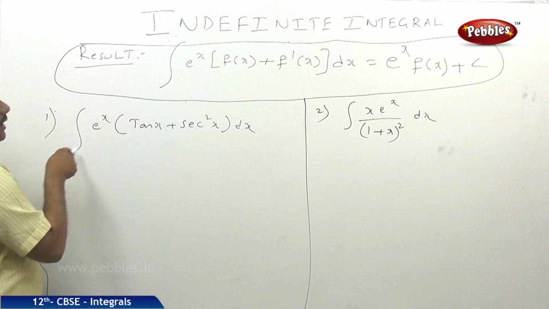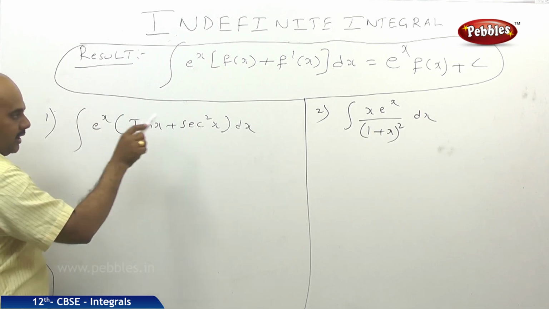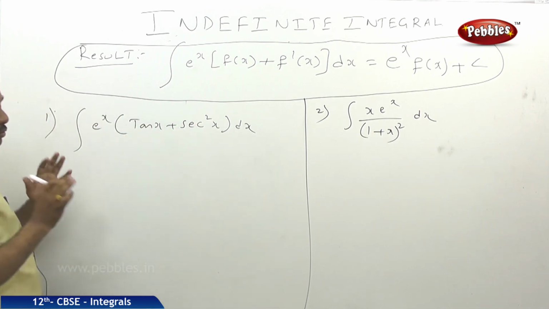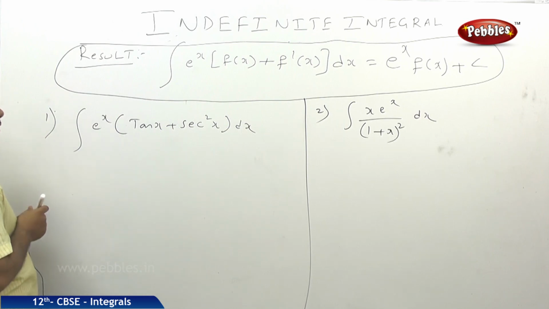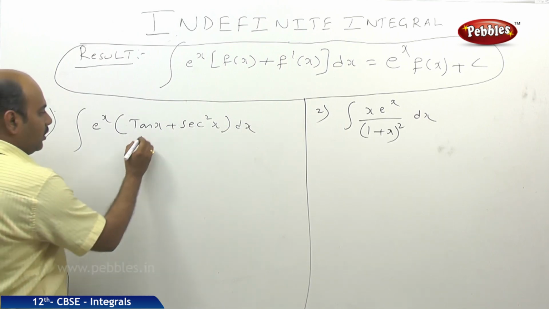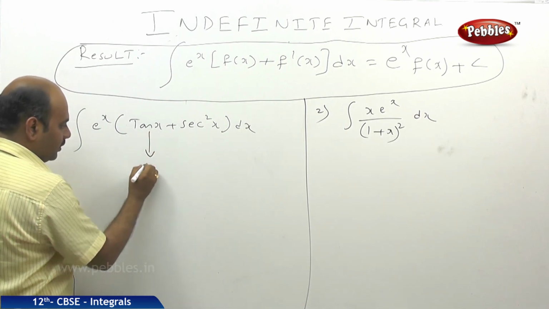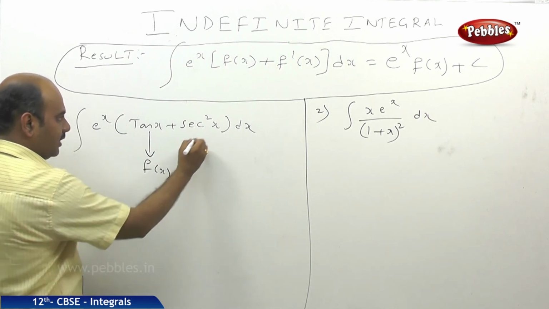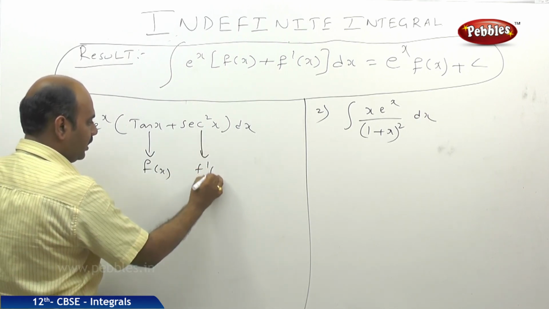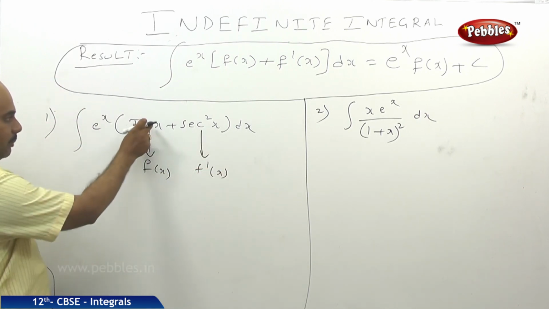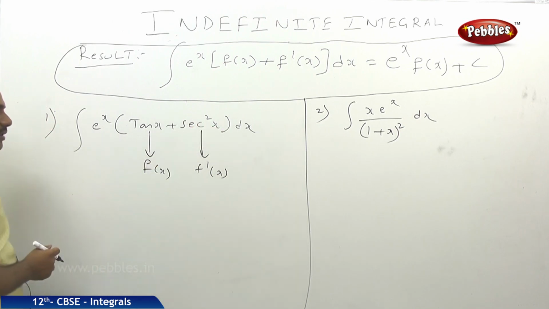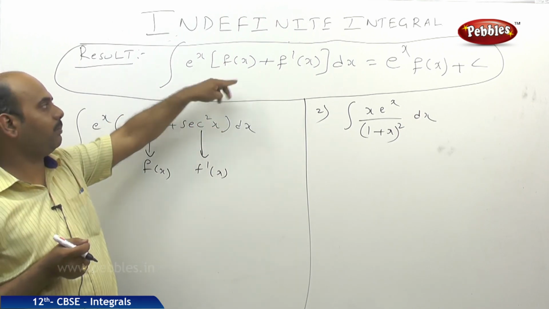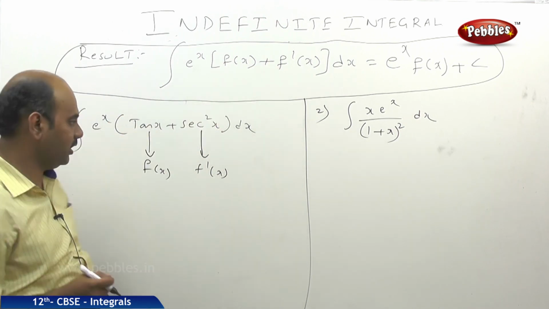Now, integral of e power x into tan x plus secant square x dx. You should be perfect with the derivatives while solving this kind of problems. So if you observe carefully, f of x is tan x and this will be f dash x. Why? Because the derivative of tan x is secant square x. So it is taking the shape e power x into f of x plus f dash x dx.